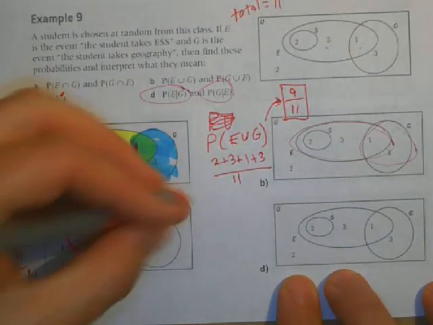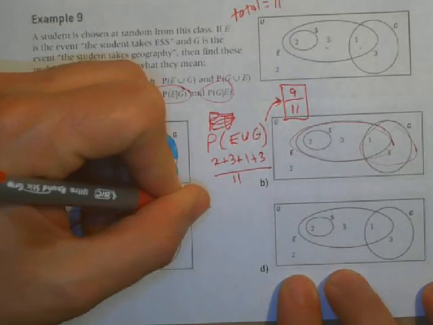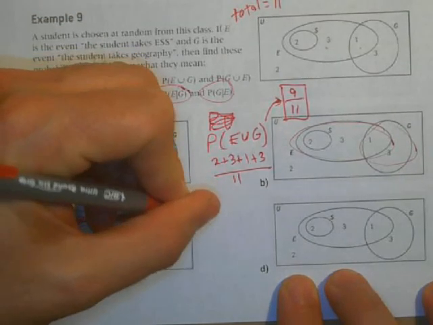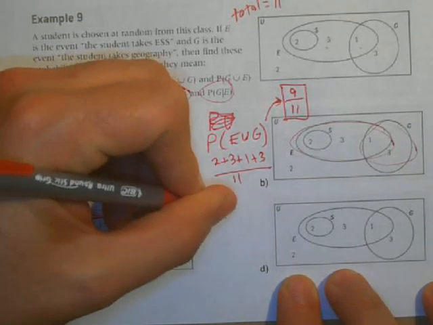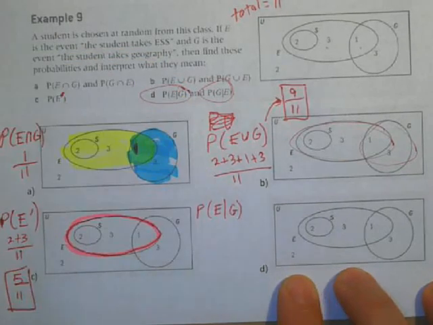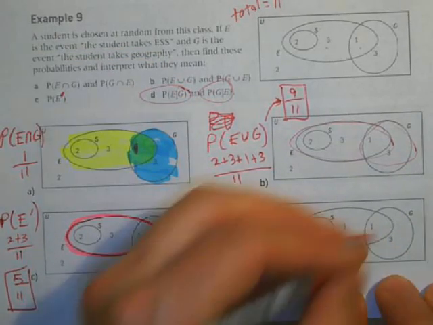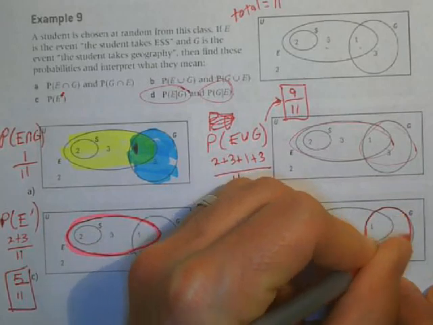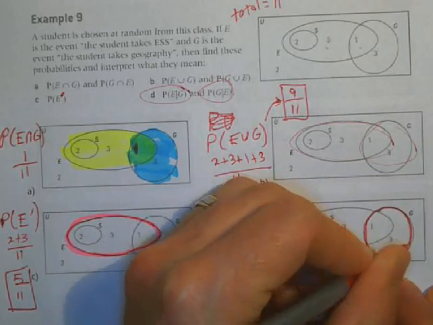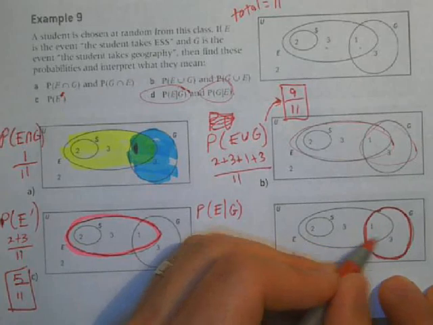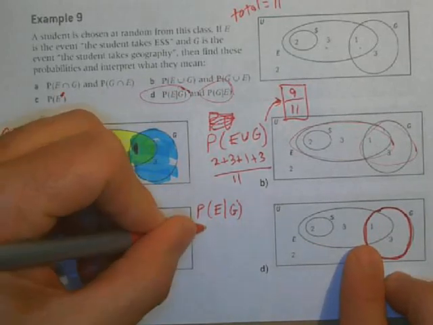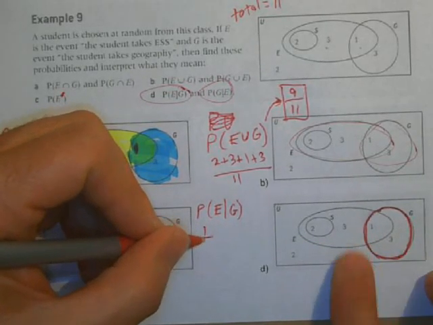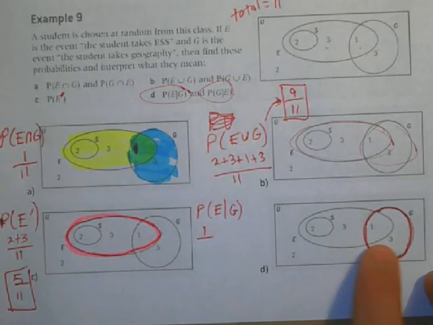The probability of E given G says we're looking inside circle G, and given that it's E is the 1 here, and inside circle G, my denominator is 1 plus 3, which is 4.